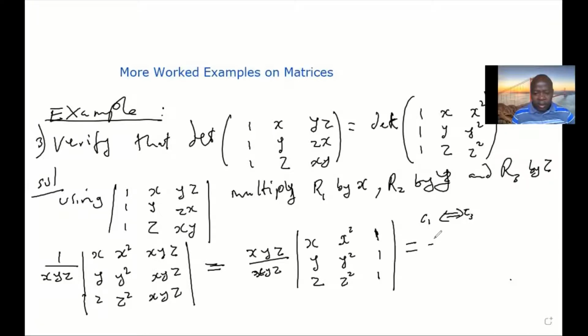And so that gives me a negative outside because I'm interchanging columns. Negative comes outside. 1, 1, 1. x squared, y squared, z squared. And this other one is x, y, z.